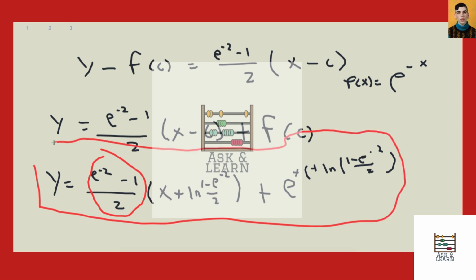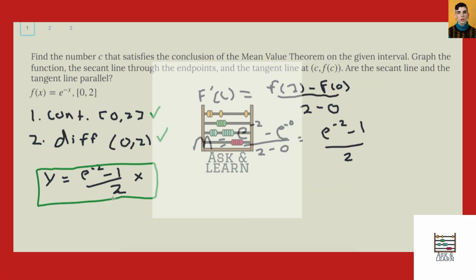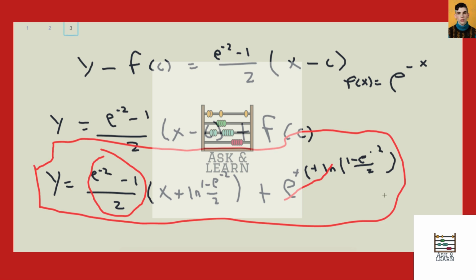And by just looking at this, we can see that the values are simply being moved up, and this e to the ln will also cancel, and then we're just adding this value. So essentially, this function is the same as this, except shifted up by 1 minus e to the negative 2 over 2.